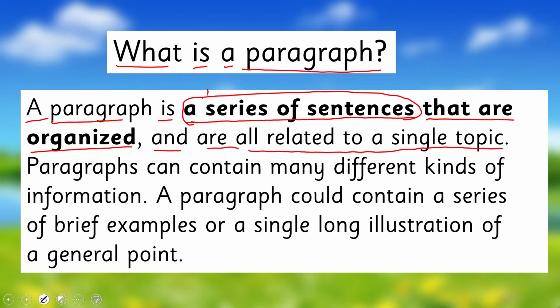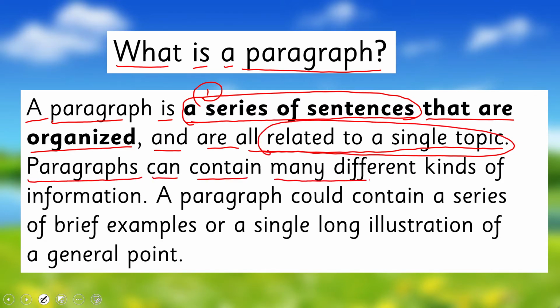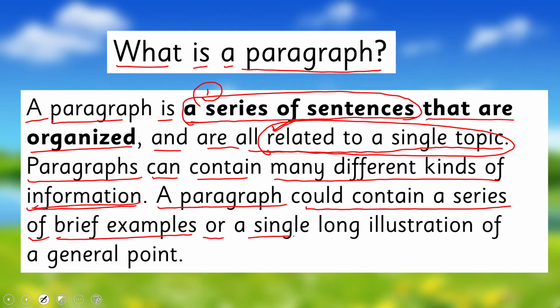So one thing, it's a series of sentences. Second thing, they are related to one topic. Okay? Paragraph can contain many different kinds of information about that topic which we have taken. A paragraph could contain a series of brief examples or a single long illustration of a general topic, right?